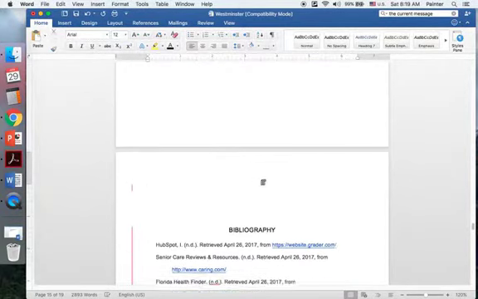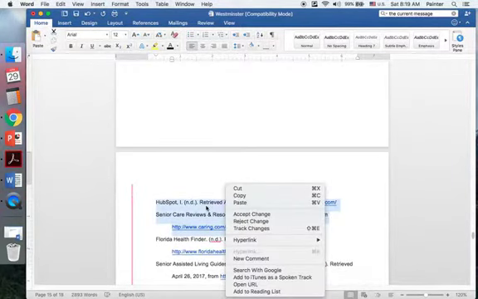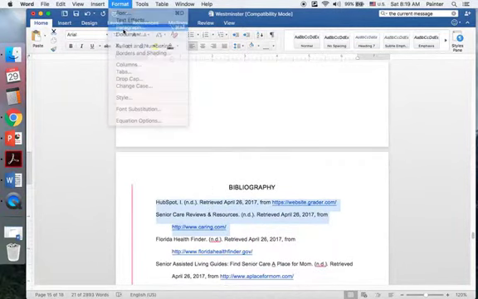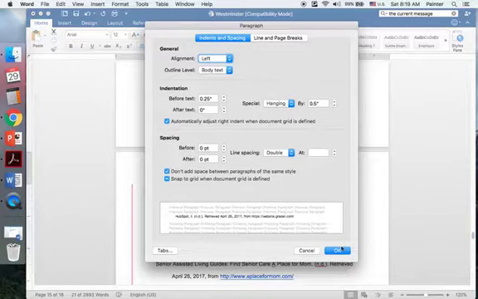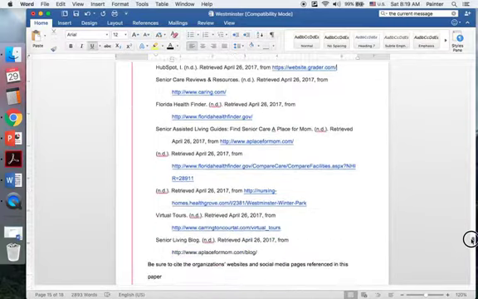Finally, we have the bibliography. So this needs to be changed into a hanging indent, which for some reason, okay, I see it's two different. I've already done some of that work here.